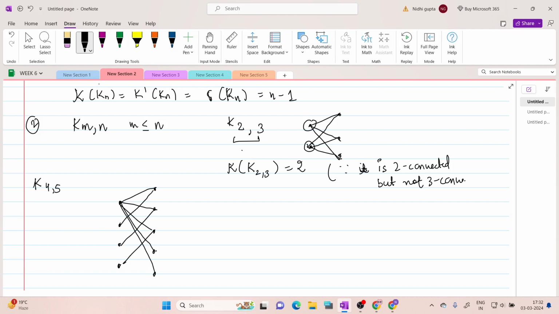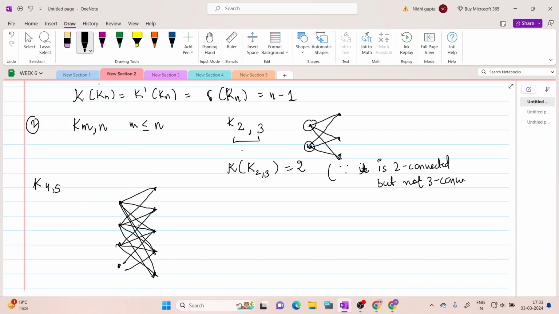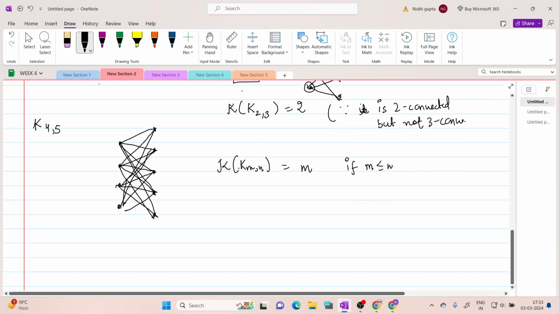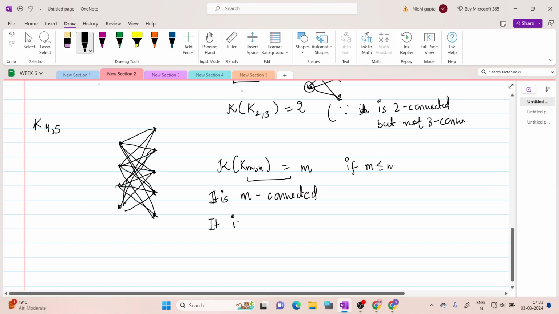So this is a complete bipartite graph. We are claiming that the vertex connectivity of KMN is M, if M is less than or equal to N. To say that the vertex connectivity is M, we have to say that it is M connected, but it is not M plus 1 connected.